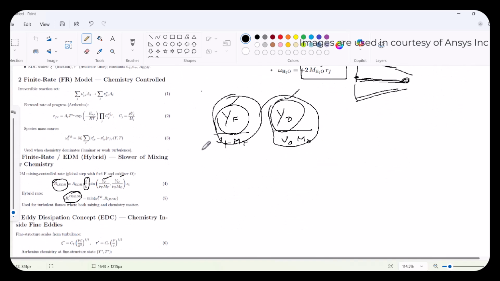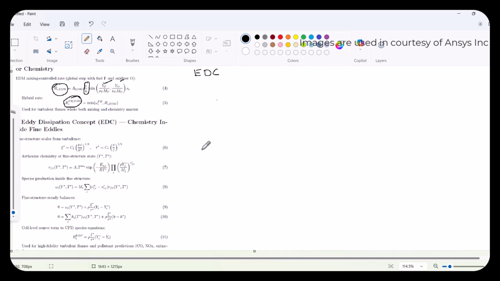So these are the three models we have discussed till now, and there's another model called the eddy dissipation concept. This is very important when you have huge eddies. For example, from here air is coming, from this point fuel is coming, and again from this point air is coming.